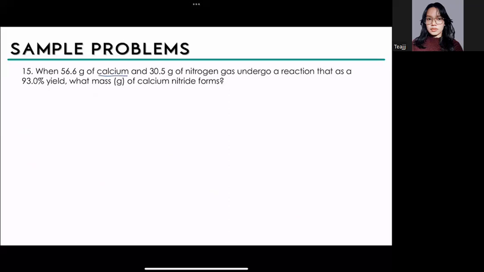Sinabi dito, calcium and nitrogen gas undergo a reaction. That means, yung dalawa, sila yung reactants natin. So you have calcium plus nitrogen gas, diatomic molecule in nitrogen. Okay? Kaya N2. Now, for those who are not aware, we have 7 diatomic molecules.